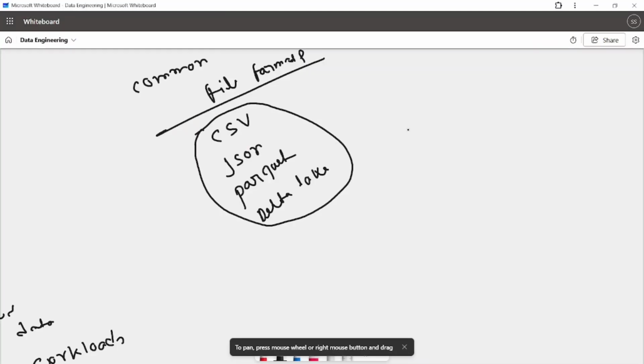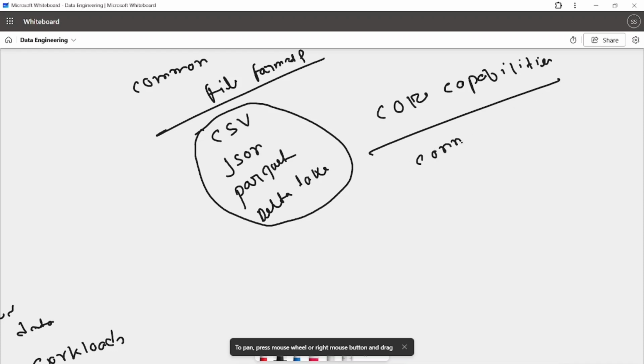Core capabilities. Okay, so core capabilities. Connect to more than 100 data sources. Okay, just remember, it can connect to more than 100 data sources.